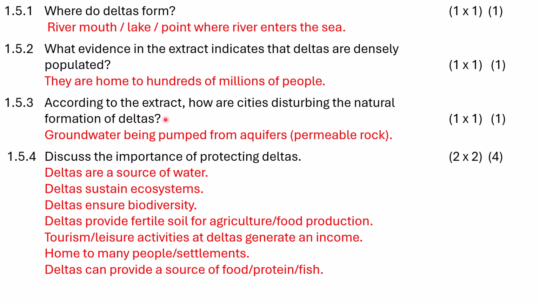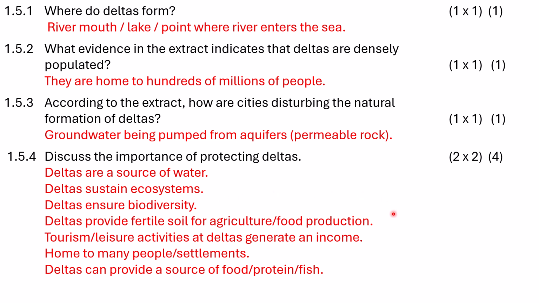According to the extract, how are cities disturbing the natural formation of deltas? Groundwater is being pumped from aquifers or underground springs through permeable rock. Discuss the importance of protecting deltas. They are a source of water. They sustain plant and animal ecosystems. They ensure biodiversity.